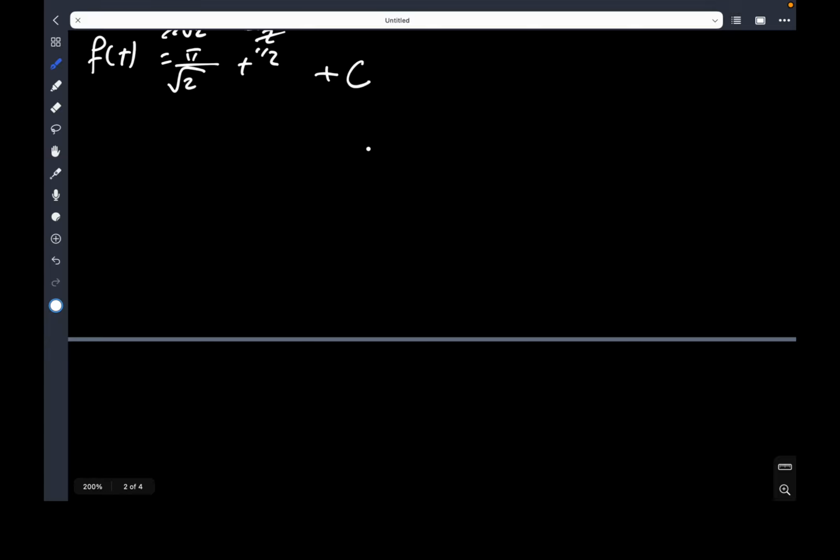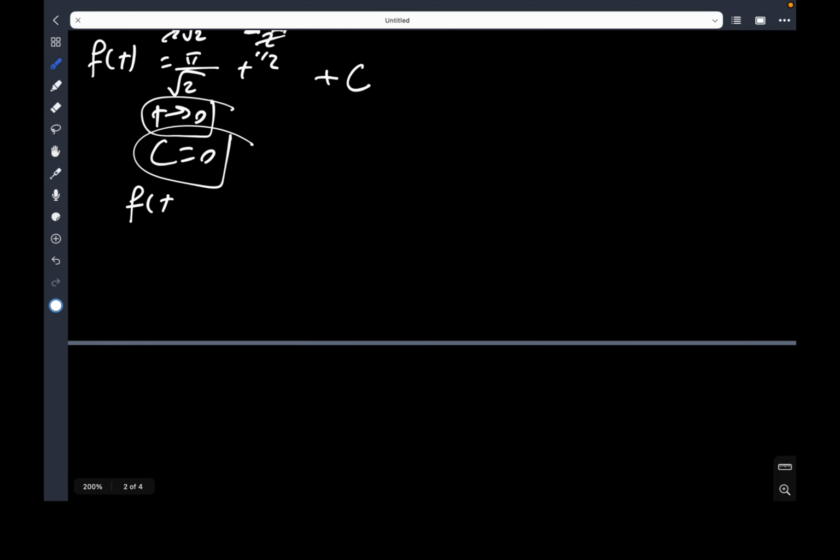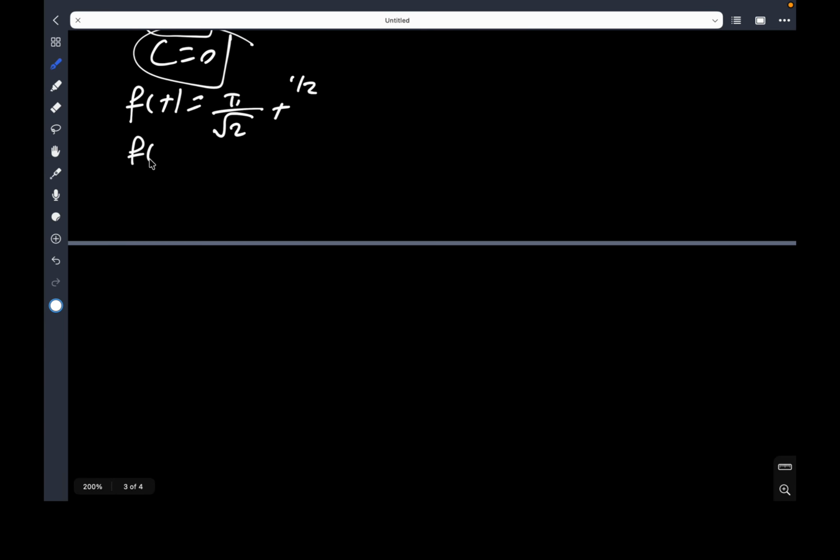To determine the constant of integration, I'm going to take the limit as t approaches 0, and you can find that the constant of integration is 0 in this case. Thus my f of t here is pi over root 2 times t to the half, and I want to find f of 1. If I put in 1, it's going to be pi over root 2.